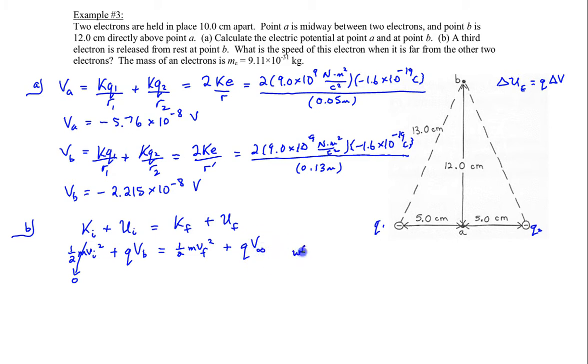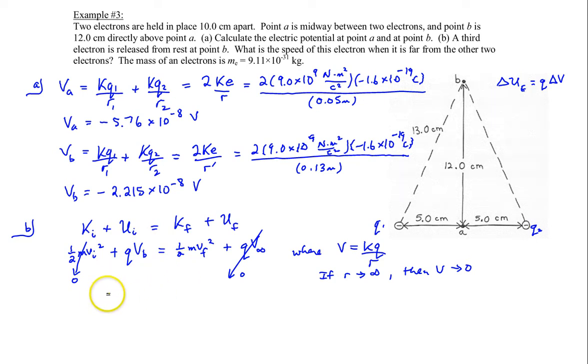Now, V equals KQ all over R. If R approaches infinity, then the electric potential approaches 0. So this term goes to 0. Really, the electric potential energy is being converted into kinetic energy.